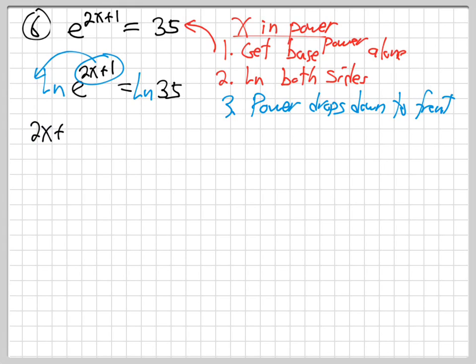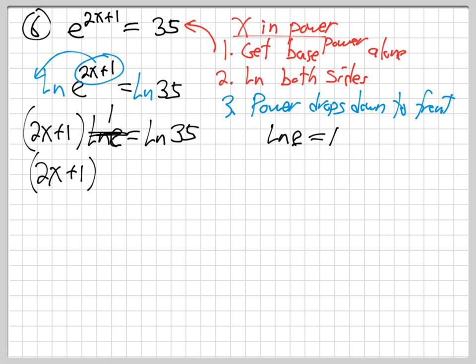So 2x plus 1, remember we need parentheses around it, times ln e is ln 35. Now remember, ln e is just 1, huh? So this just canceled out and is 1. So this is just 2x plus 1 times 1. And multiplying by 1 doesn't do anything, so this is just 2x plus 1, isn't it?